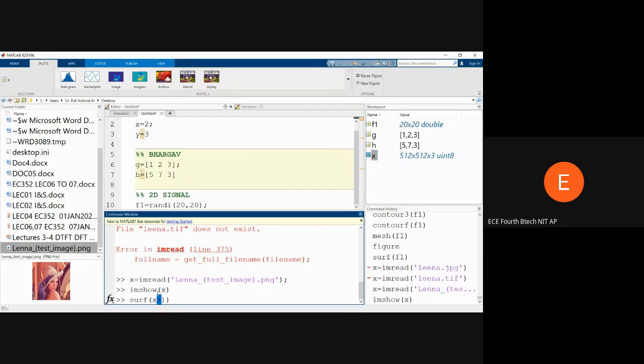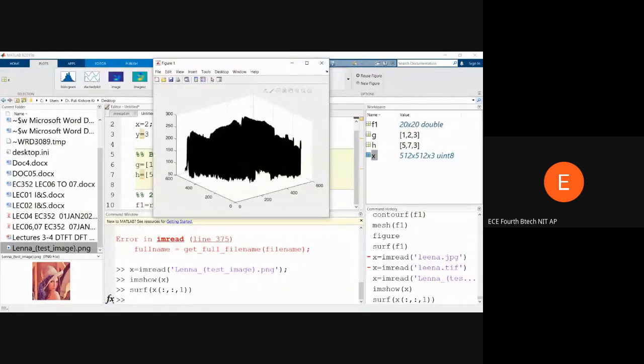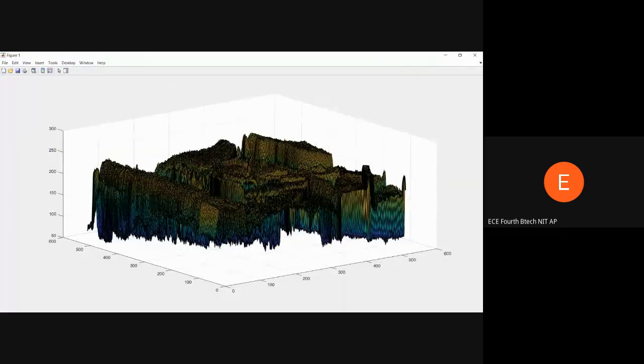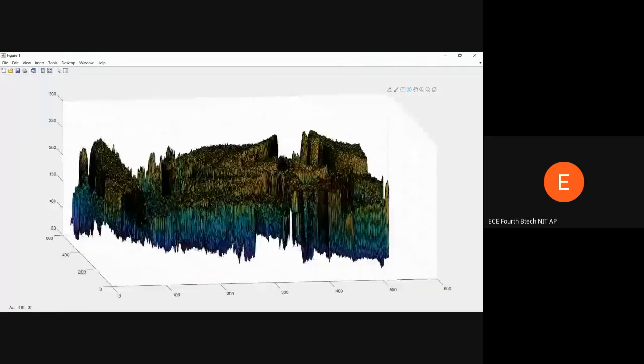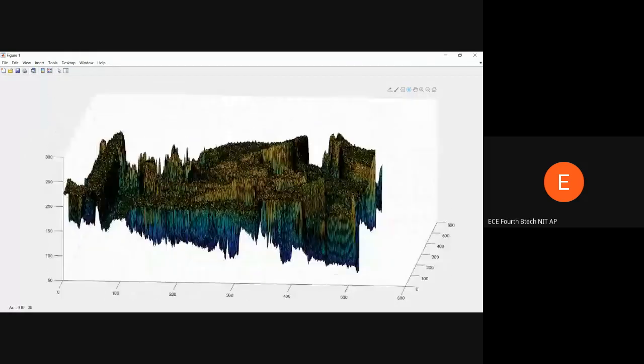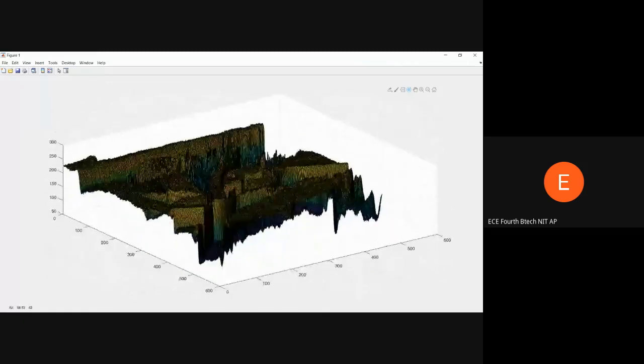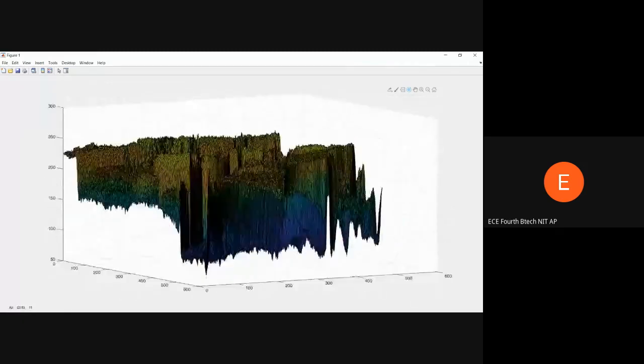X of colon comma 1. I believe this will not work. Oh yeah, it is working. You may ask questions: what is this? Is this Lena? No, it's not Lena. It is something else. But this is a nice 3D picture that you can have.